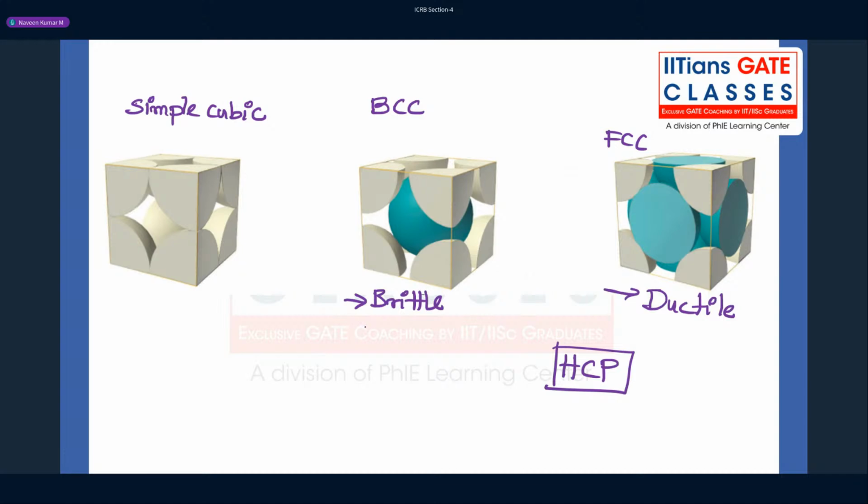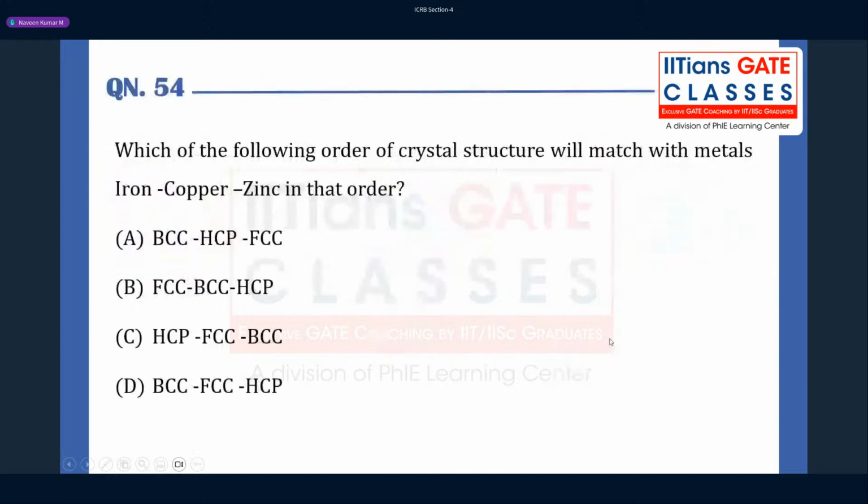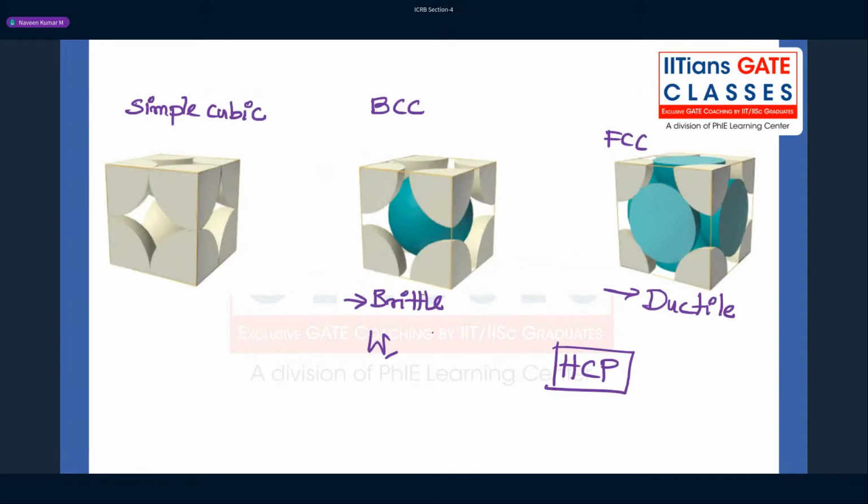So what are the brittle materials that we can talk of? Maybe tungsten. What is the example that they have given here? Iron. I can say that even iron is some kind of brittle material because of the carbon content. Alpha ferrite, yesterday we have seen pearlite and all, gamma, delta ferrite, delta iron, gamma iron.